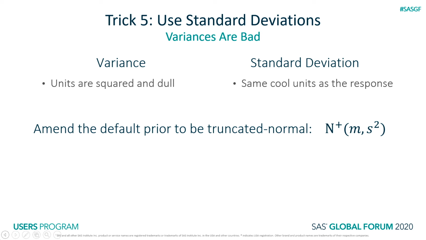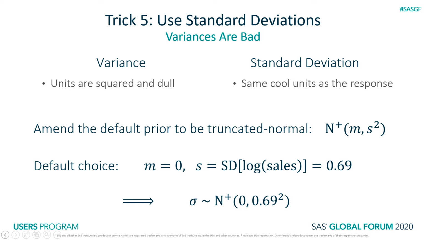How do we apply the default prior to a standard deviation? The standard deviation is constrained, can't be negative. Well, constrain the prior, make it a positive truncated normal distribution. And to pick M and S, M equals 0 is a good default choice. You can choose something else if you want to kind of center that prior a little bit. And then for S, if you set that to the sample standard deviation of the response, that's really the most extreme value that's possible. If you remember partitioning sums of squares in the OLS estimate, it's always bounded from above by that sample standard deviation of the response.